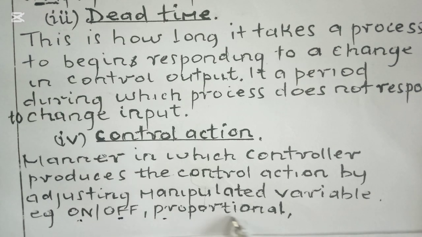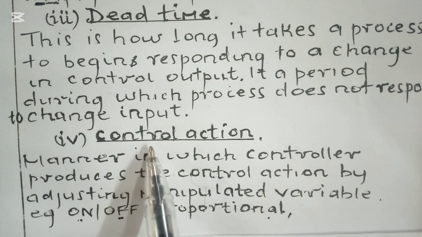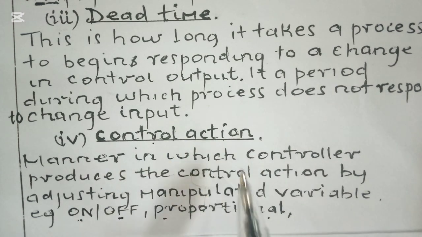We can also have proportional control. Other controls include derivative control, and we also have integral control. And so this is the control action, that is, the manner in which the controller produces the control action.